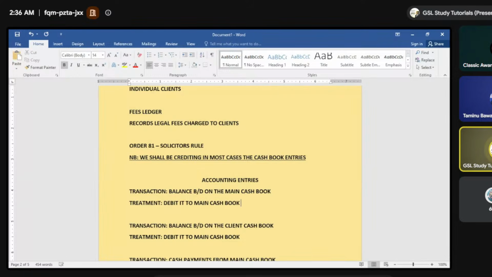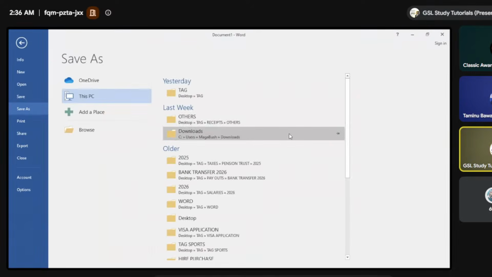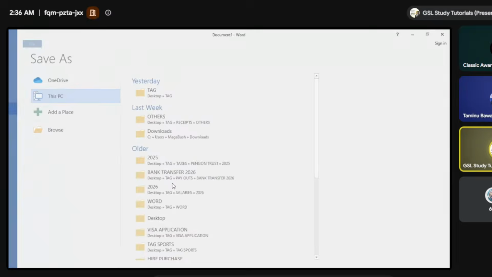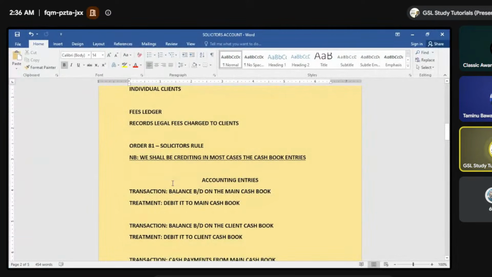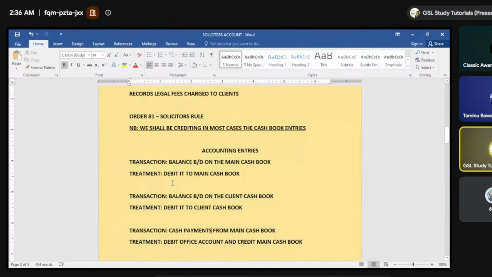Debit it to the client cash book. A minute. Save. Good. They said balance brought down on the client's ledger, credited to the client ledger account. So let me add that one too.